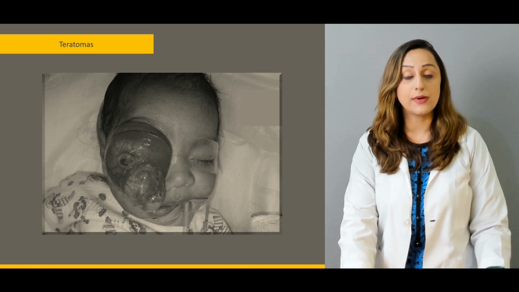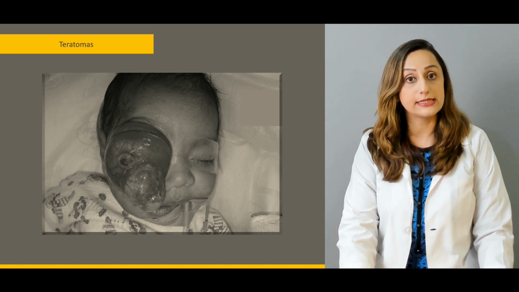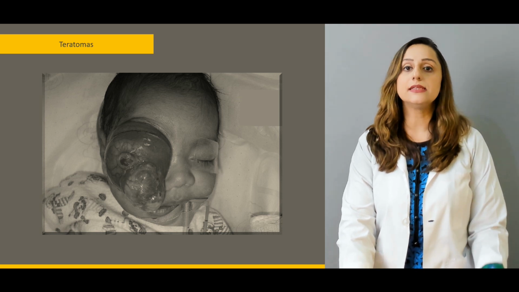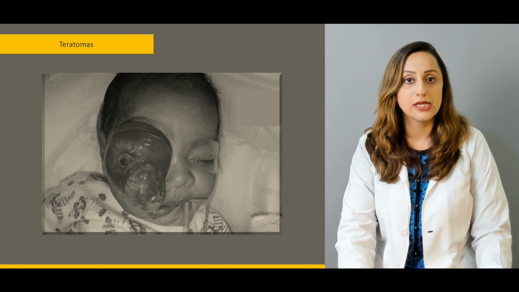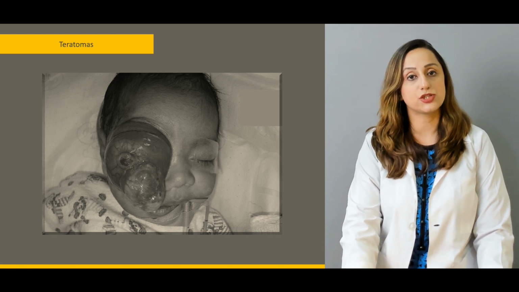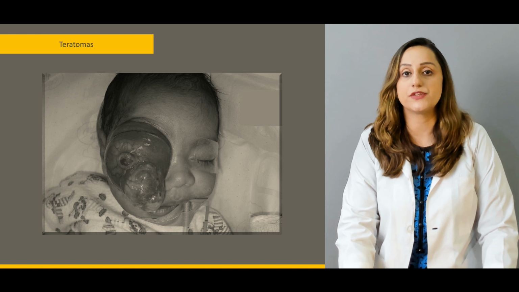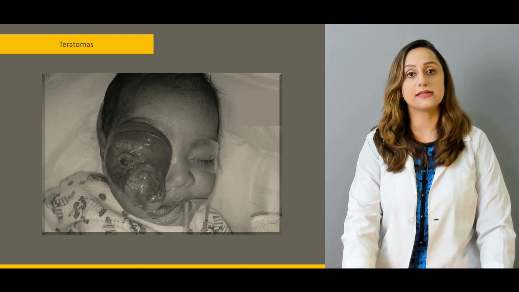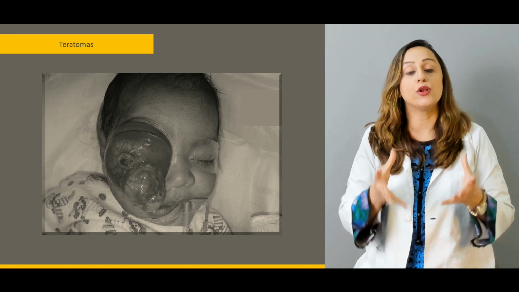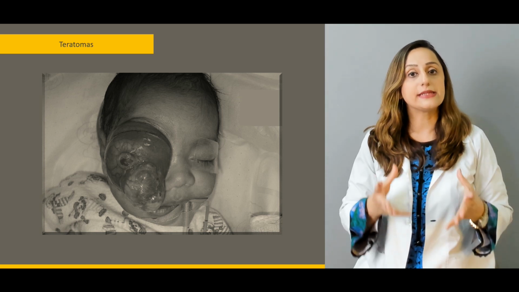It's a teratoma present inside the orbital cavity, and the only treatment is surgical excision of the tumor, and you have to perform the exenteration, that is basically the evacuation of all of the structures of the orbital cavity.